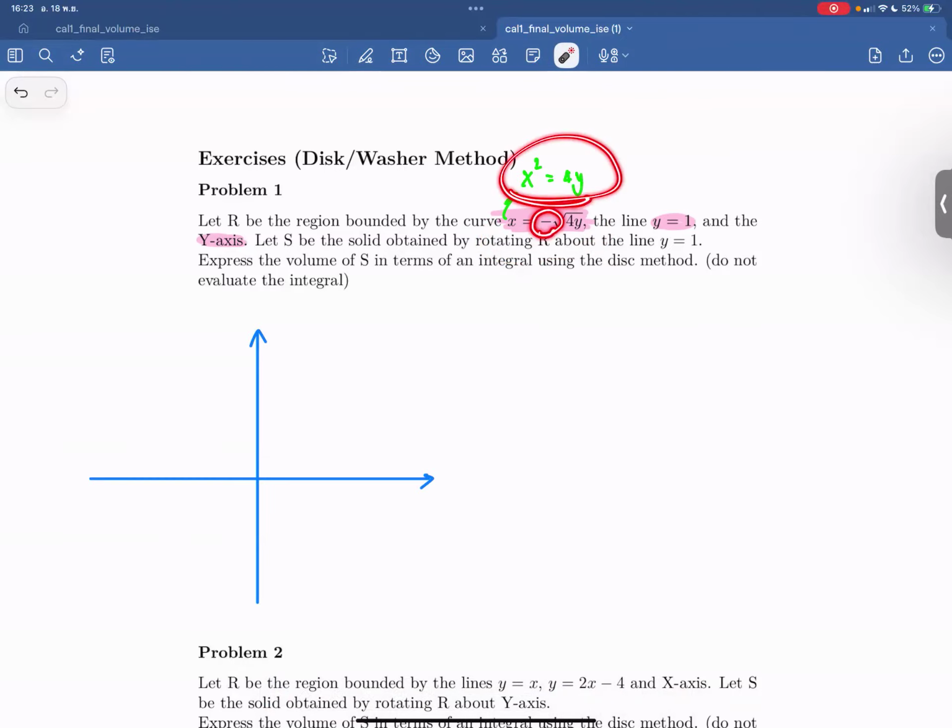But we stick to the minus part. So this one should be the parabola with the vertex at 0, 0 over here, but we only draw the minus sign part, which is over here. So the function should be like this.